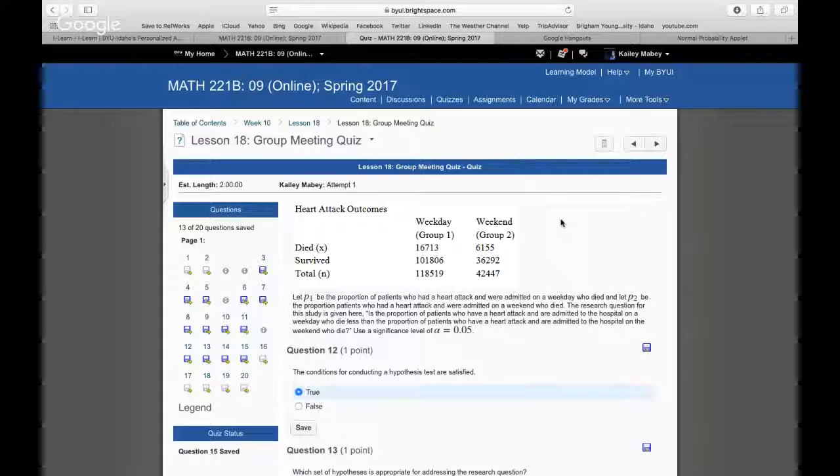I got negative 0.001. I don't know why. Okay, hold on. Oh, wait. I think I might have forgotten to square root the bottom.